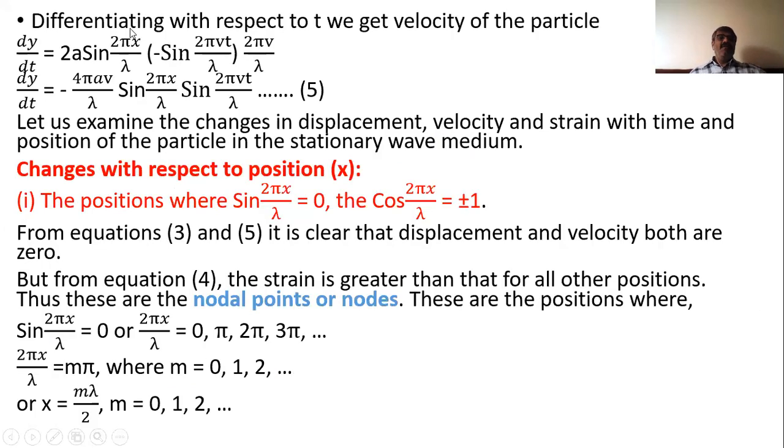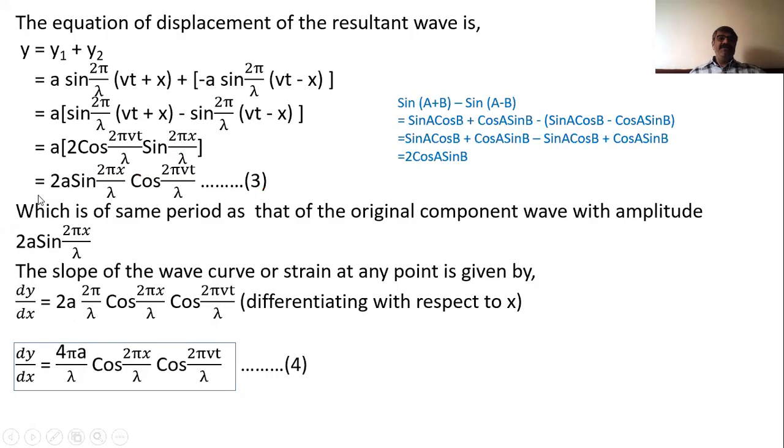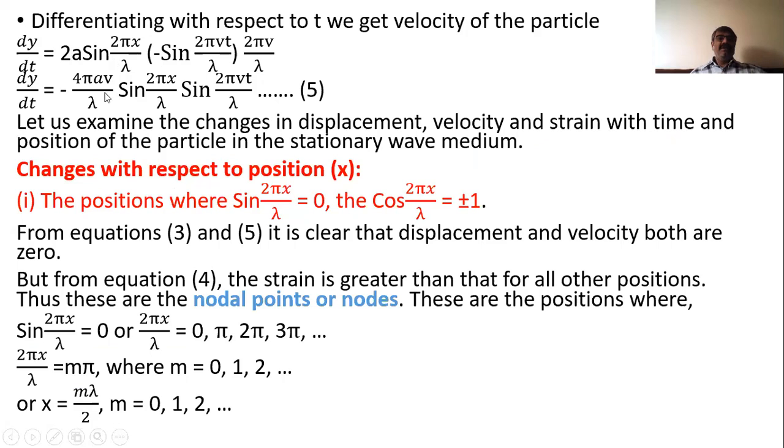Now, what about the velocity? Velocity can be obtained simply by differentiating equation 3 with respect to time. Here t is in the cosine, so the cosine becomes minus sine 2 pi vt by lambda, and the 2 pi v by lambda comes outside. We have minus 4 pi av by lambda sine 2 pi x by lambda sine 2 pi vt by lambda as the velocity.